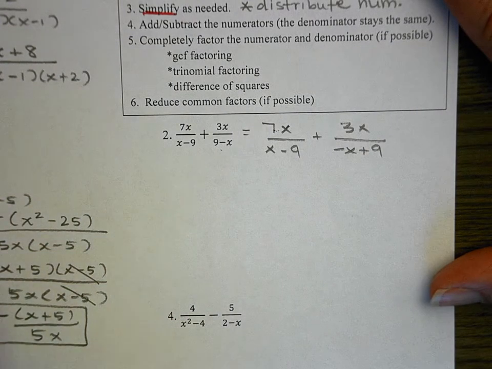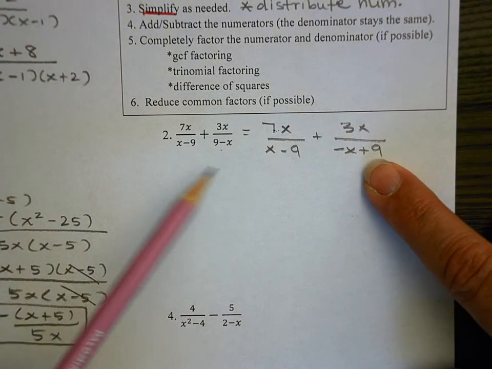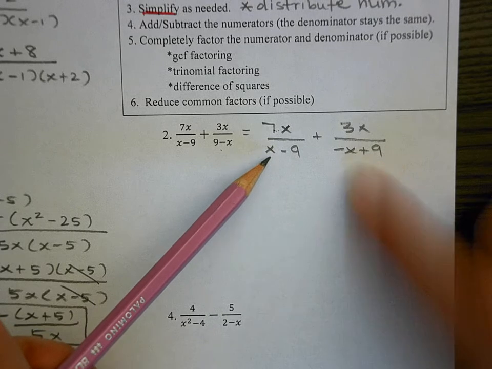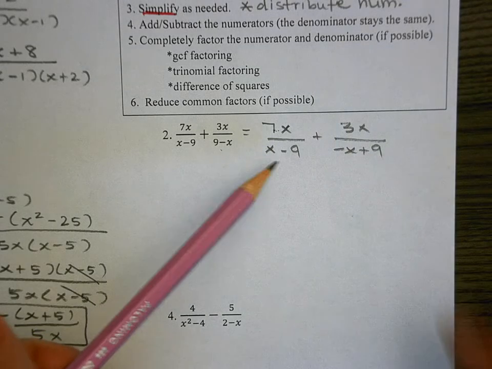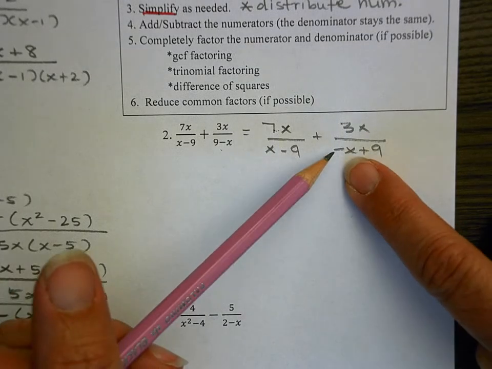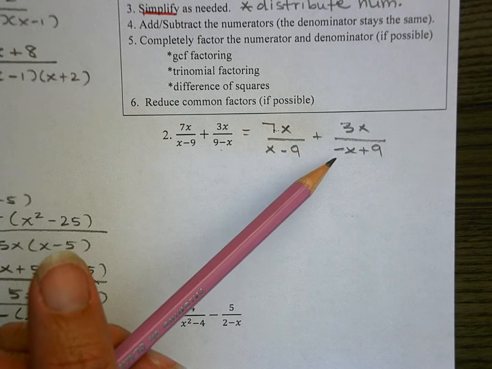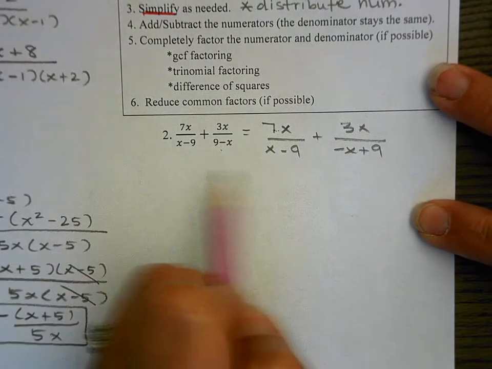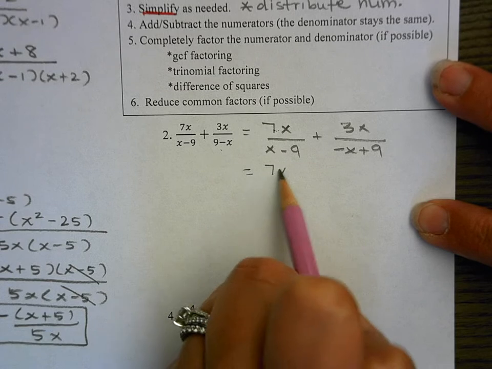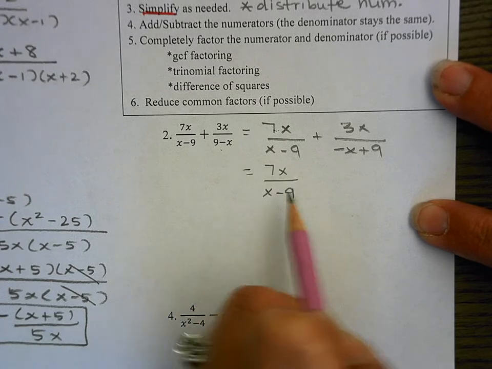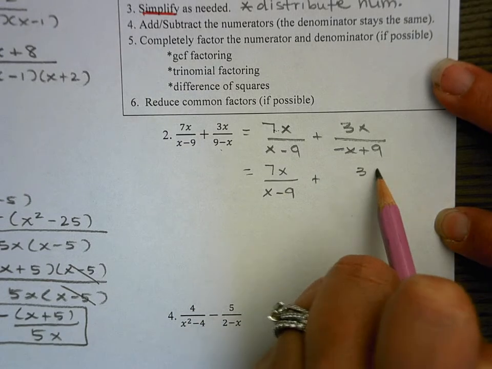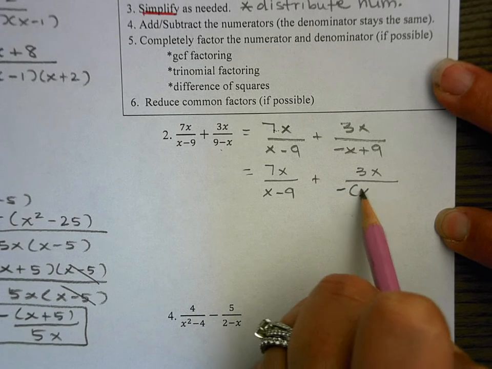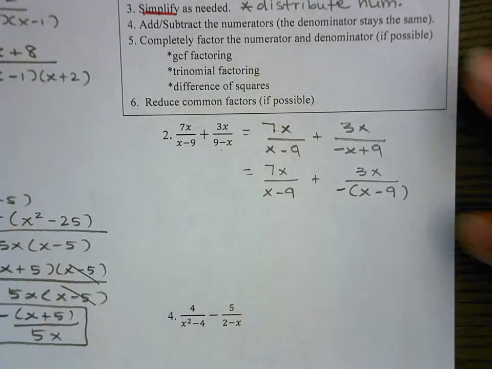So I just want to get that in the correct order, so I should always have my variable first in descending order, and then I want to make sure that variable piece has a positive, right? That leading coefficient is positive. So that means I can factor a negative out of that. So I'm going to go ahead and do that. So something that looks like that, right?